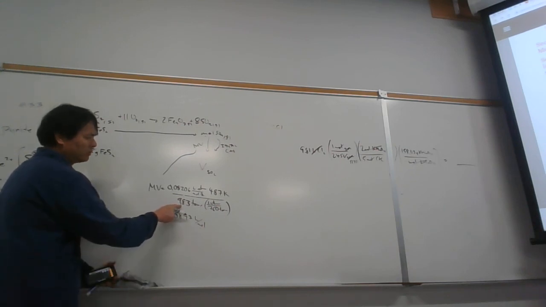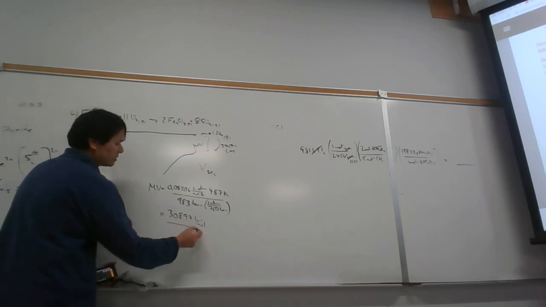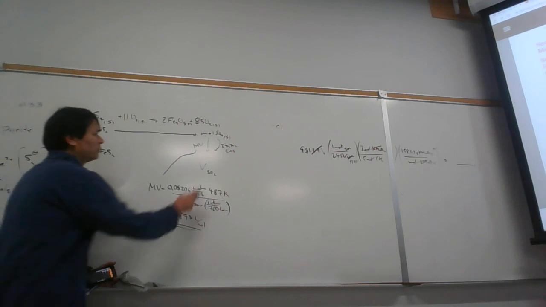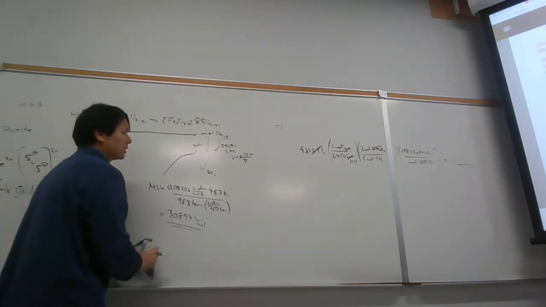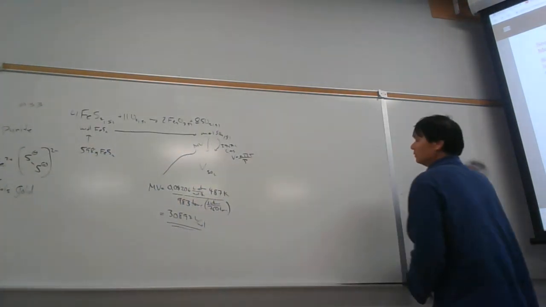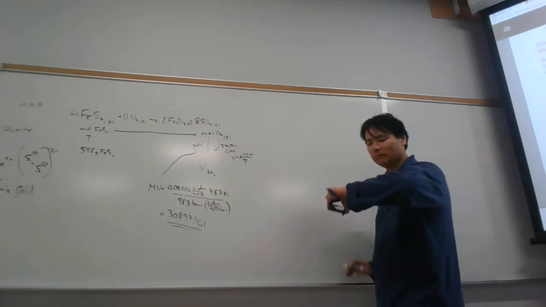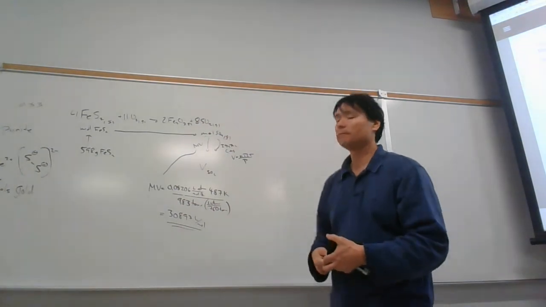Although it should be smaller because the pressure is higher, the pressure is not that much higher. And so we either use this as a conversion factor, or we use the ideal gas law. The ideal gas law is V equals nRT over P. So we just do a second calculation for that. We can do both for this one, but we're out of time, unfortunately. So I'll do both next time.